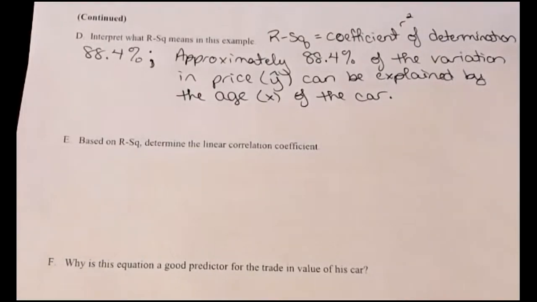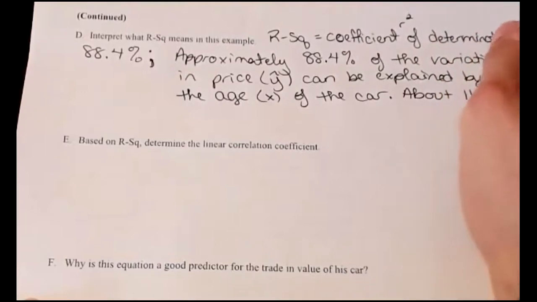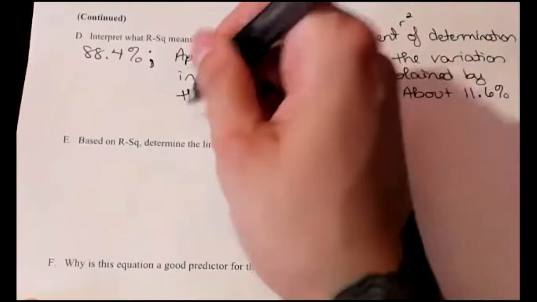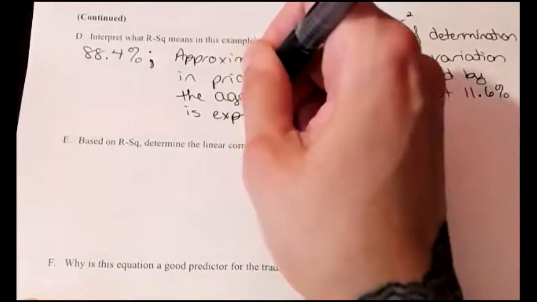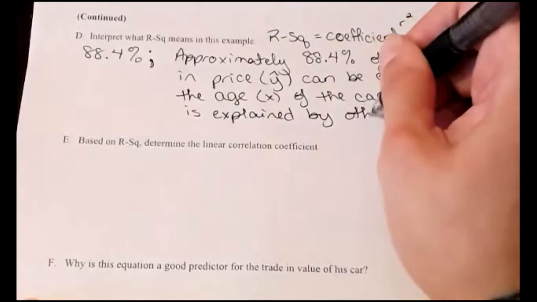Take 100, subtract 88.4, and we get 11.6%. So about 11.6% is explained by other factors.